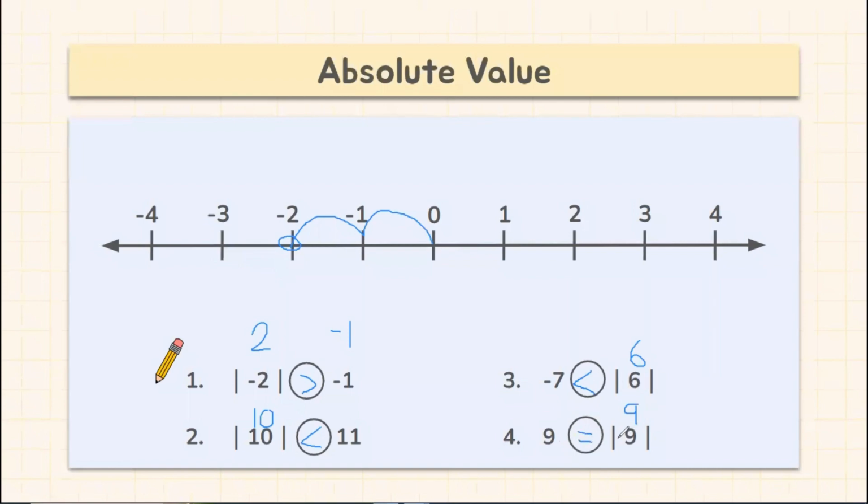If this had been -9, if we were finding the absolute value of -9, we would think, how far is -9 from 0? -9 is 9 away from 0. So the absolute value of -9 is 9. Our answer would actually still be the same. 9 is equal to the absolute value of -9, and 9 is equal to the absolute value of 9. They are the same.